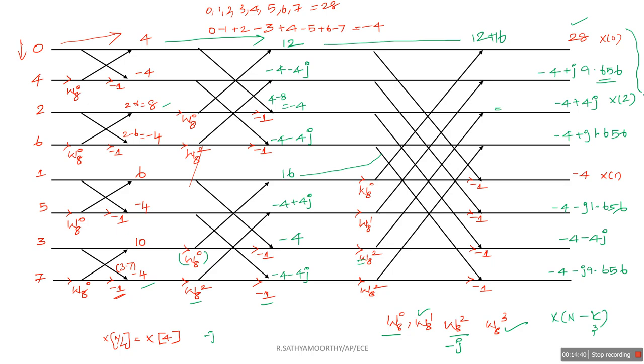You only have to calculate the first 5 points, x of 0 to x of 4. x of 0 is the addition of all samples of x of n, and for x of 4 you assign alternate signs to the input samples and then add all those things. And then you compute the first 3 points and its complex conjugate gives the remaining 3 points. Okay, so in this way you can calculate the butterfly very easily.